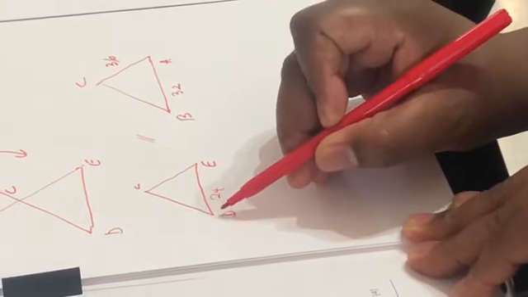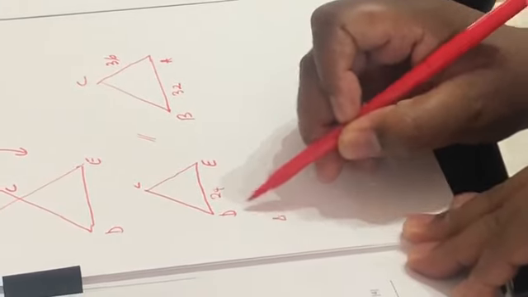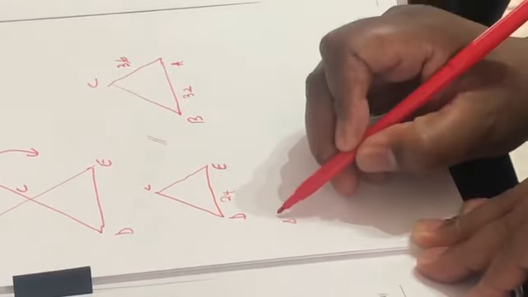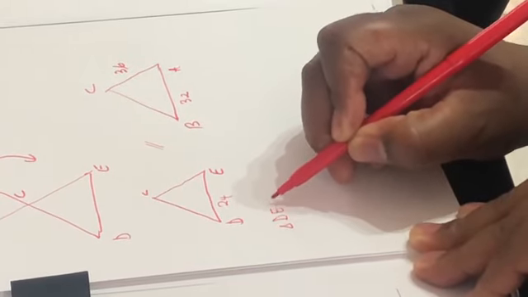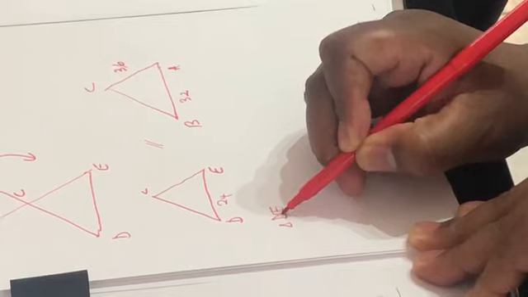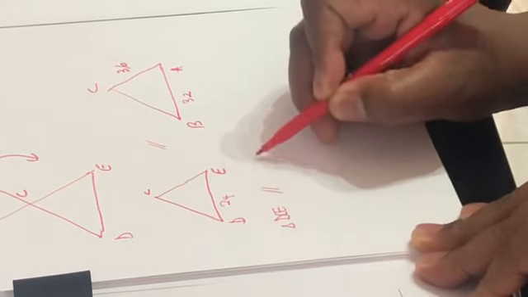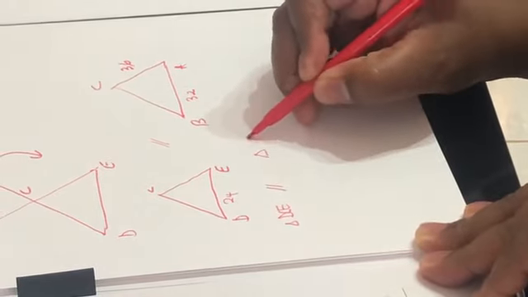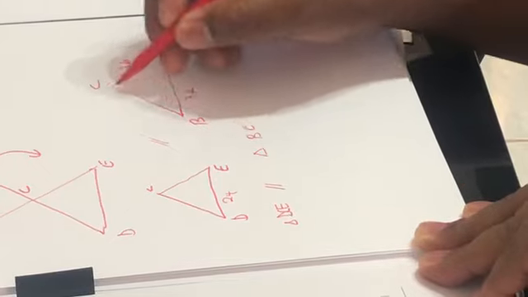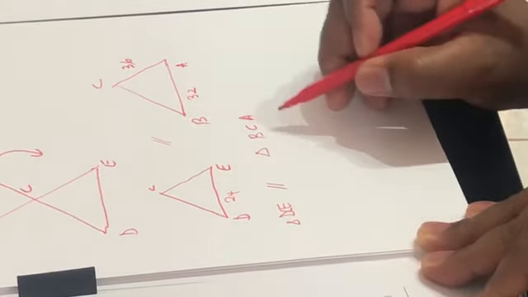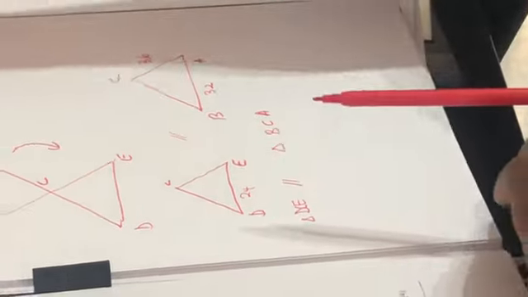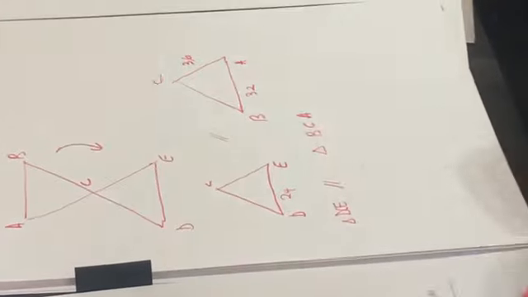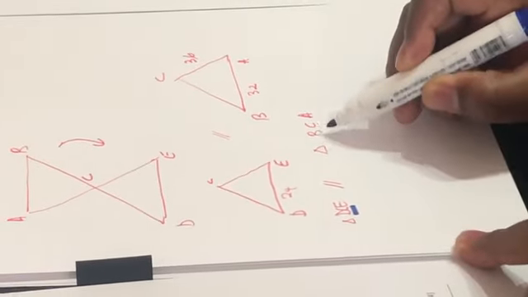I'm going to take triangle DCE, triangle DCE is similar to triangle BCA. This information I'm going to use. So what I'm going to do is we are going to take the first two.